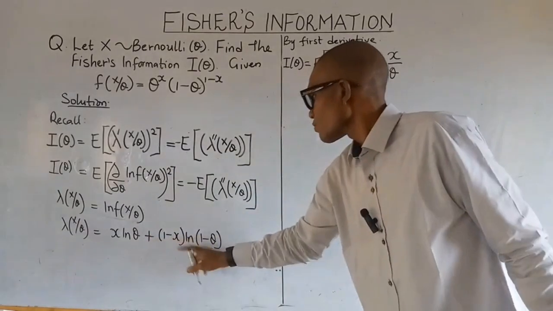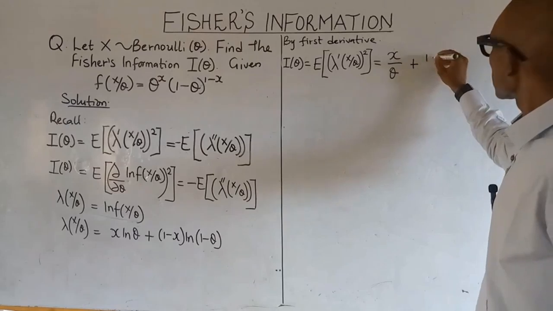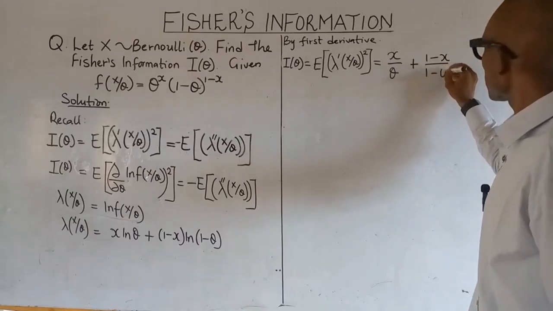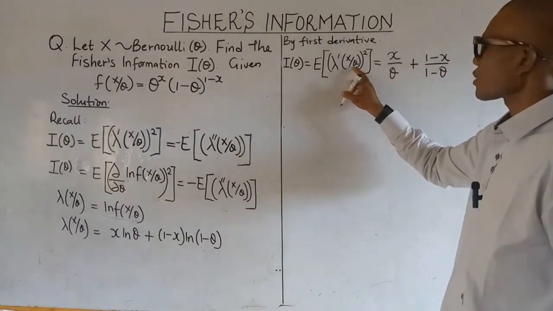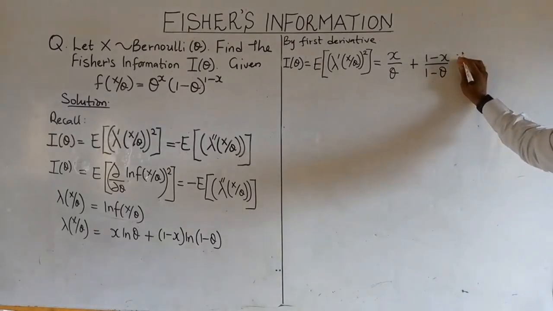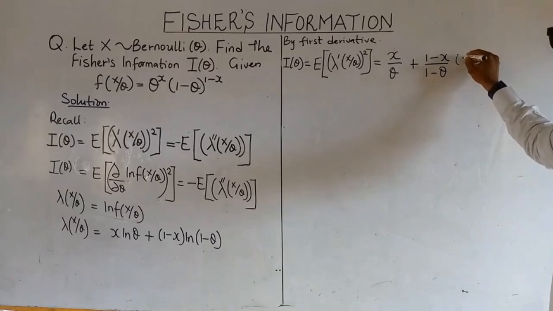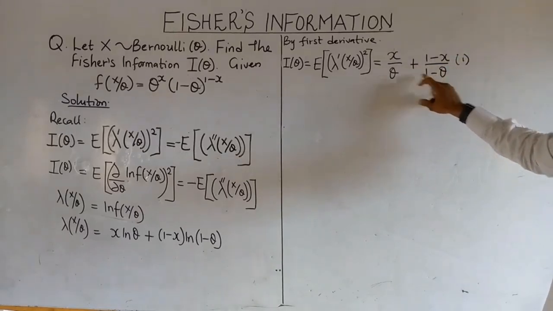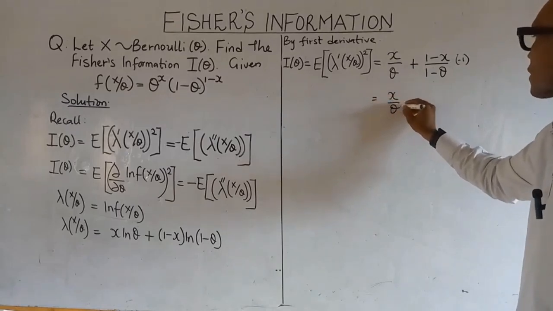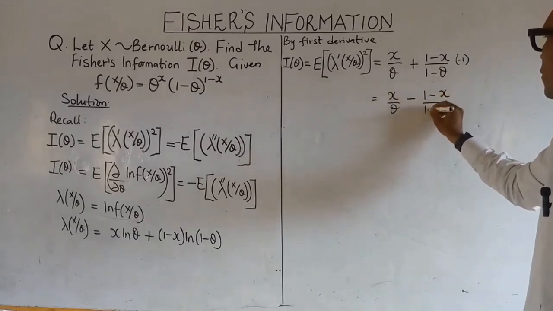If we differentiate this, we get plus 1 minus x all over 1 minus theta. Since we are differentiating with respect to theta, we get times minus 1, which is equal to x all over theta minus 1 minus x all over 1 minus theta.